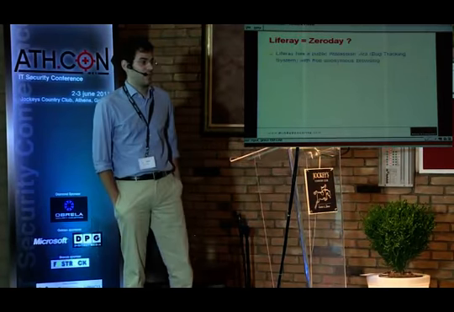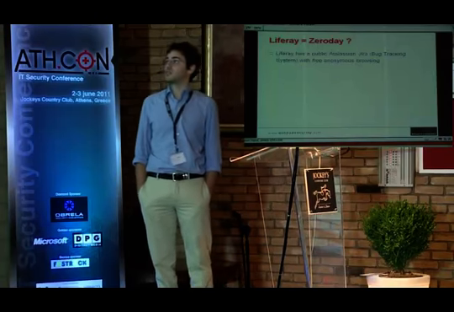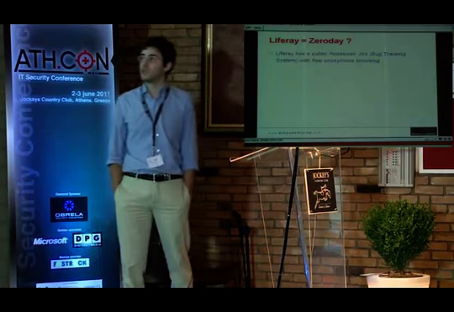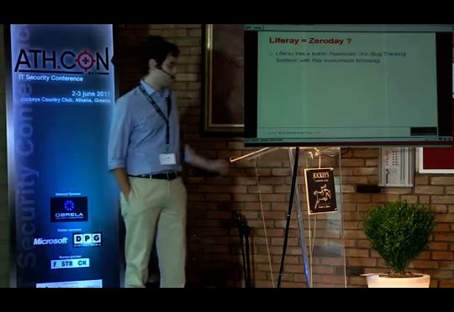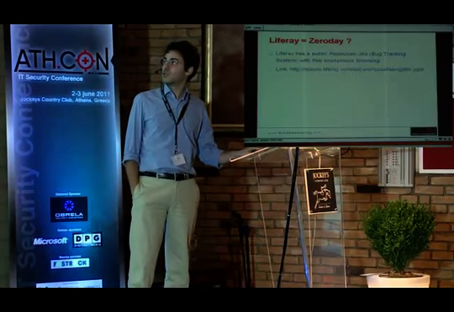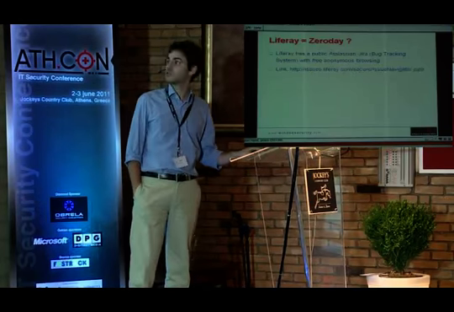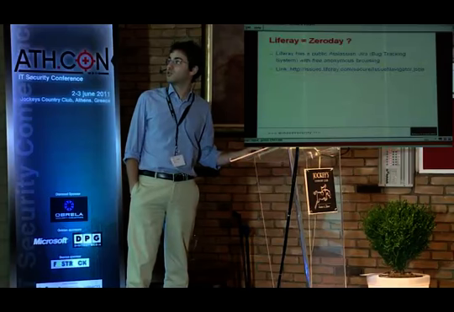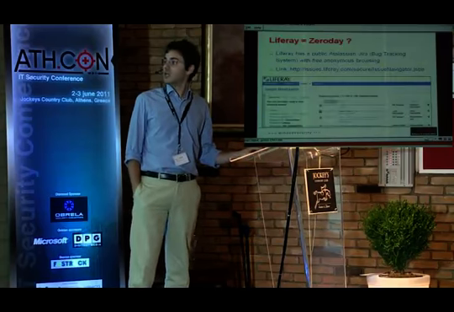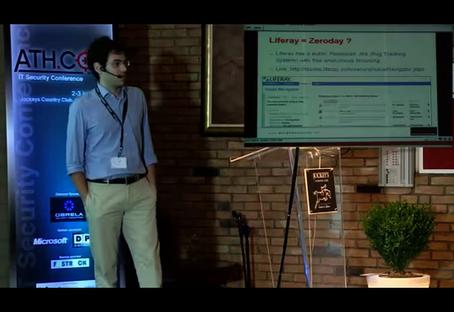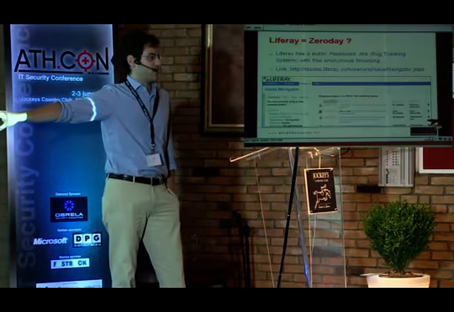Liferay, for example, has a public Atlassian Jira, a bug tracking system, with free anonymous browsing. You can go to issues.liferay.com, the security issues navigator, and you see something like that. This is free, with anonymous access.